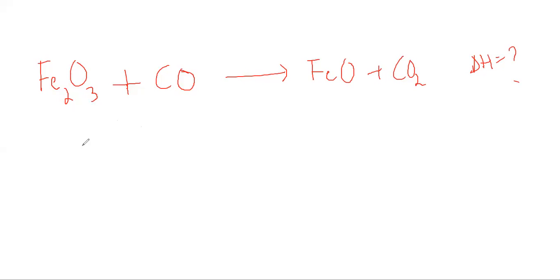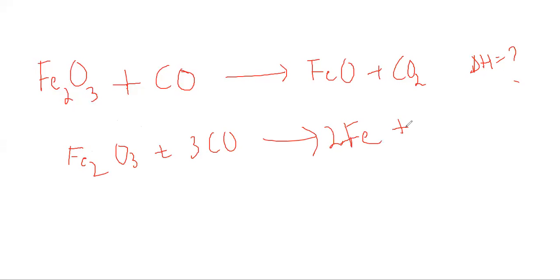Two equations are given to you. First equation is Fe2O3 plus 3CO, product is 2Fe plus 3CO2, carbon dioxide. Delta H for this reaction is, for example, given as minus 26 kilojoules.